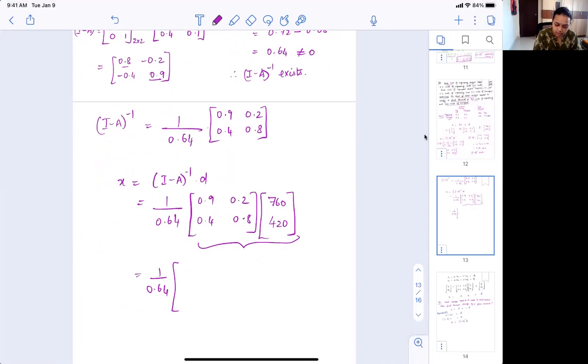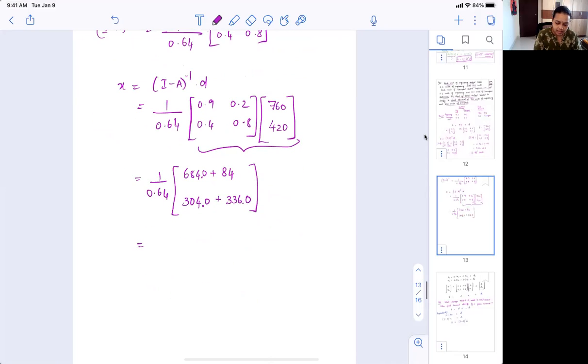So 0.9 into 760 is 684, plus 0.2 into 420 is 84. Then 0.4 into 760 is 304, plus 0.8 into 420 is 336.